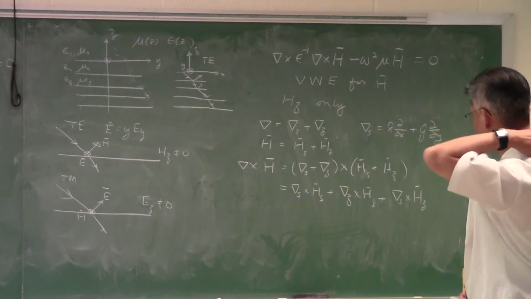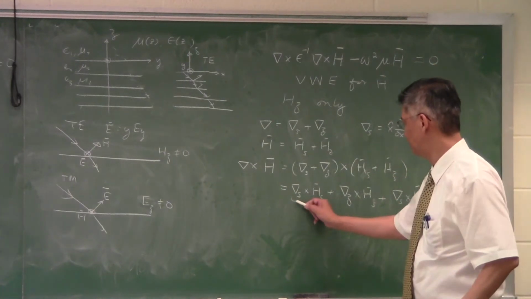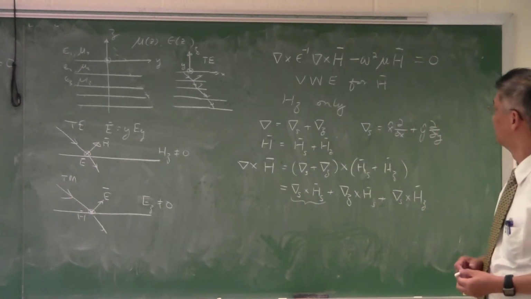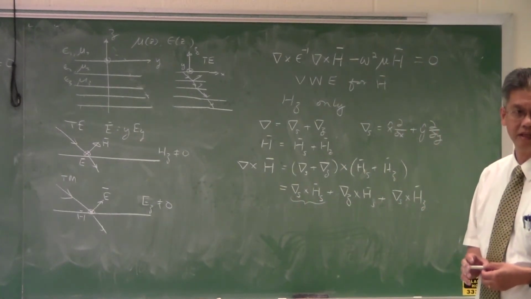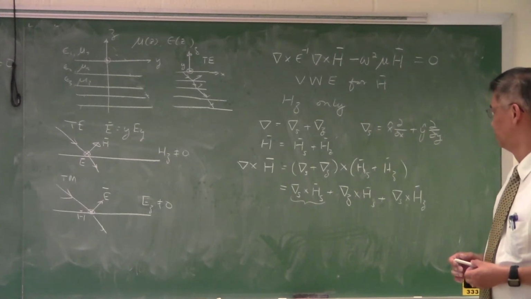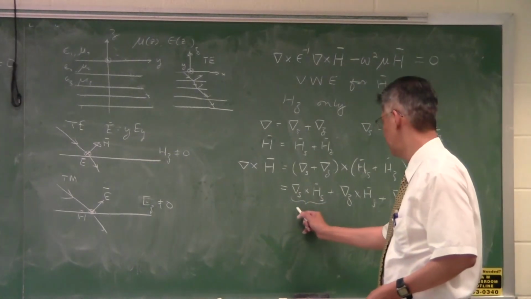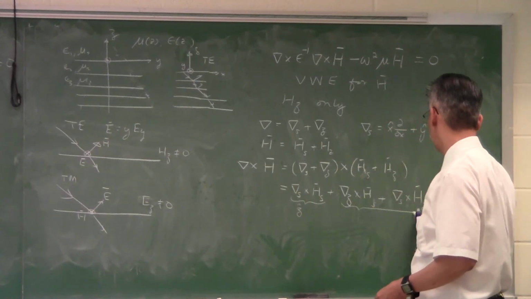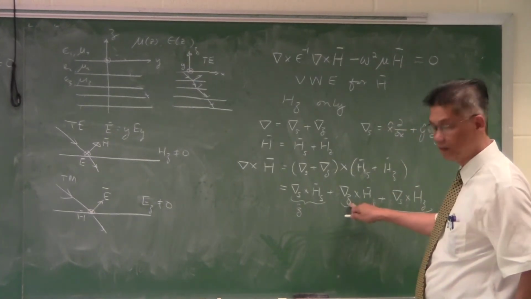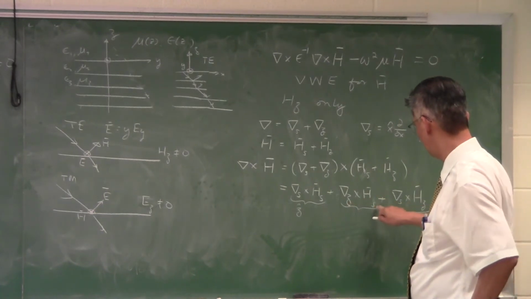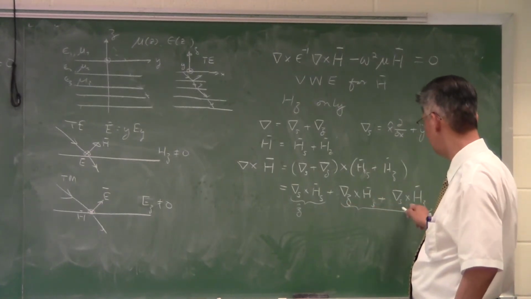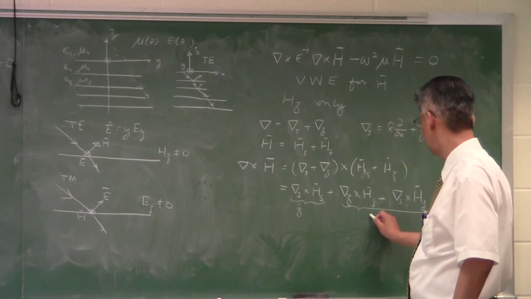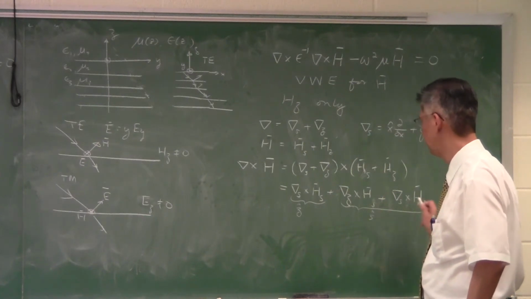So if I were to look at this, then what direction is this pointing? Z, right? This is pointing in the z hat direction. This must be pointing in the transverse direction. Anything in the z direction crossing with anything in the transverse direction must be pointing in the transverse direction. So this must be pointing in the transverse direction.